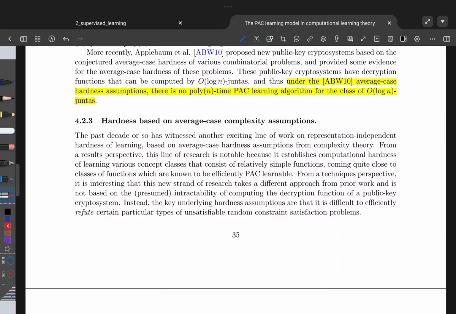So maybe I'll stop here. There's a lot more in this particular paper that I haven't covered in today's class, but that at least gives you a high-level overview of the flavor of results that are known in the literature, and also a number of open problems that are present even for these simple classes of functions.